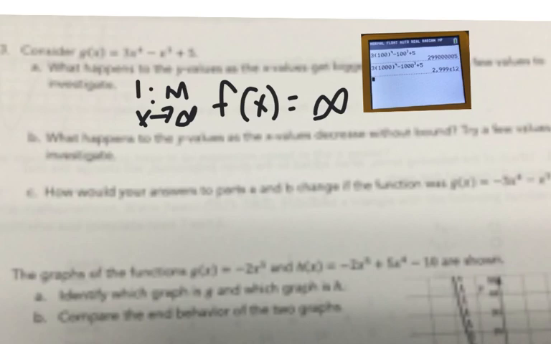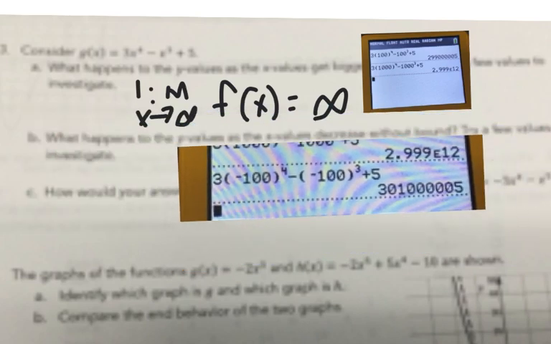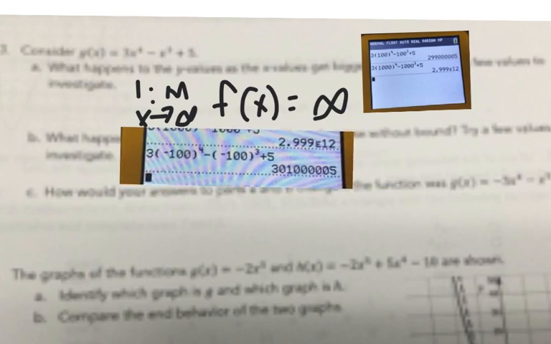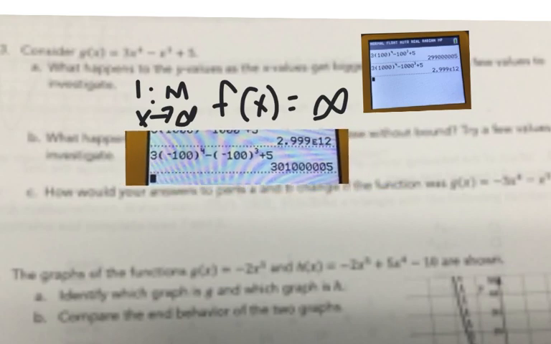Just remember, when you put in a negative 100, make sure you put that in parentheses. Because if not, it's going to ignore that negative you have out front. And then it'll be like a minus a negative. So right here is what I typed in for B, plugging in negative 100. 3 times negative 100 to the fourth minus negative 100 to the third plus 5.